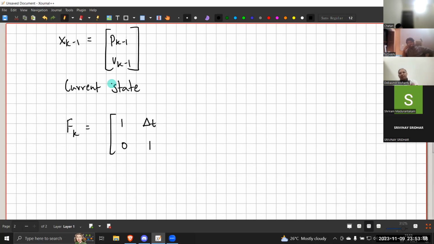And how we got that is through this: we want Pk equal to Pk minus 1, where k minus 1 is the subscript, plus delta t, the time elapsed, multiplied by the velocity Vk minus 1.